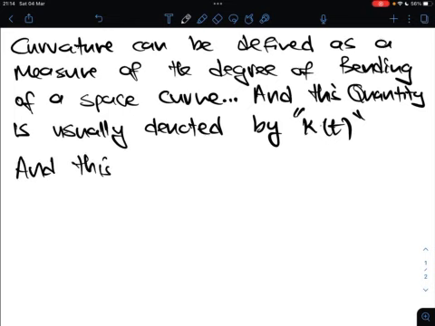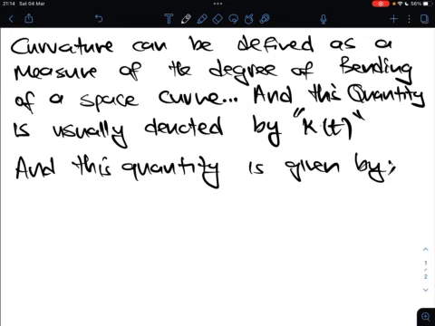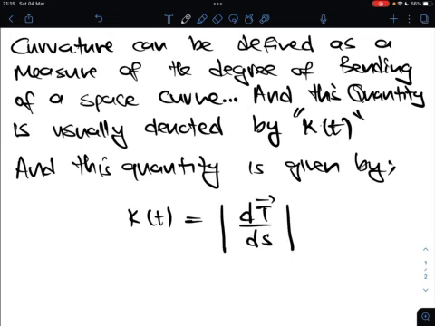This quantity is given by, if you want to measure it, kappa of t is just the measure of the rate at which the tangent vector is changing with respect to the arc length.